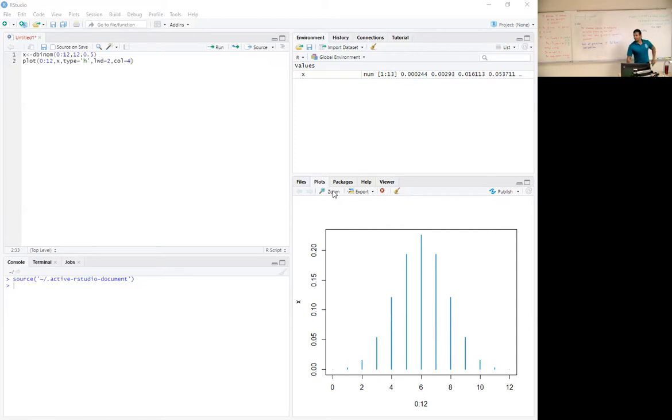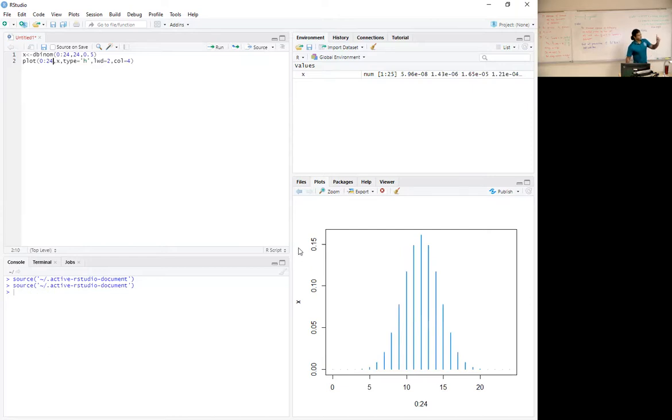I would end up getting that curve. Would you agree that that is symmetric? So it doesn't matter what n I have. I could change that n to 24, that to 24. Of course, it is going to shift, but still, is that symmetric?